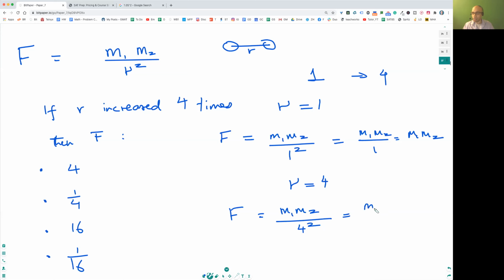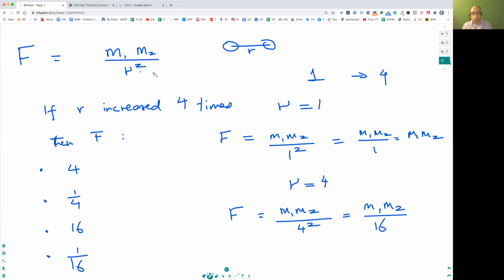So take the ratio of the new to the old. M1, M2 over 16. So try to think about it. What's going to happen to the new force?